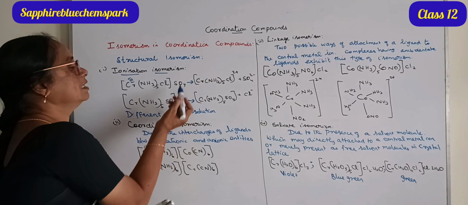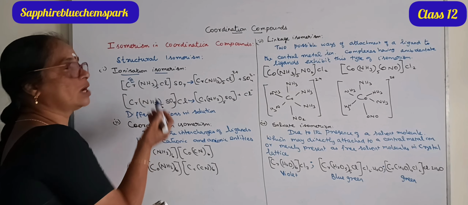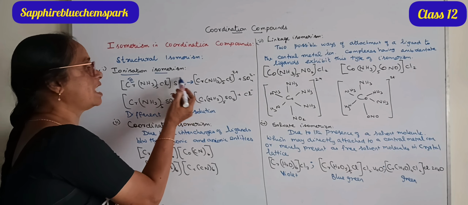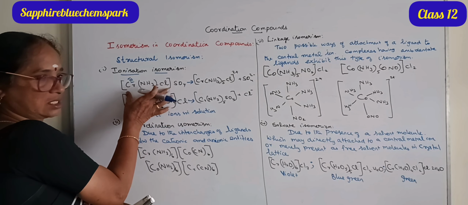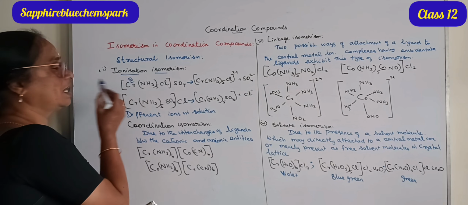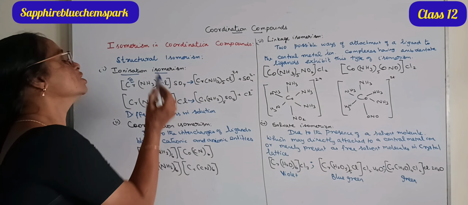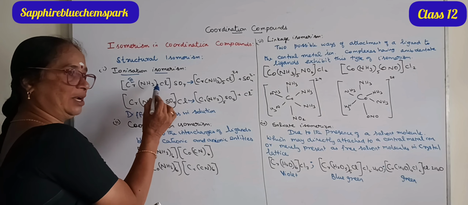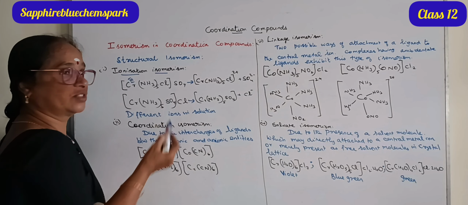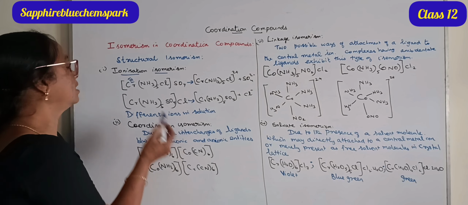In this case, the sulfate ion and the chloride ion can exchange themselves. This is the sulfate ion, the counterion of this complex, and here the chloride ion is the ligand of the central metal ion. So, the ligand of the central metal ion can exchange with the counter ion of the complex. So, what will we get?